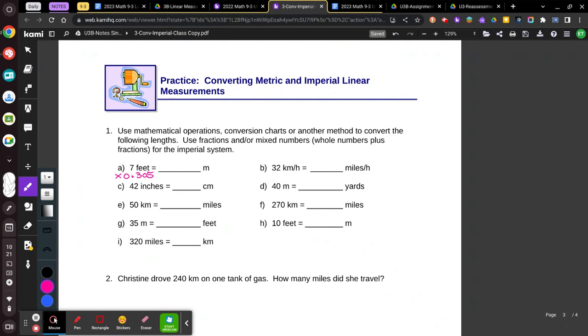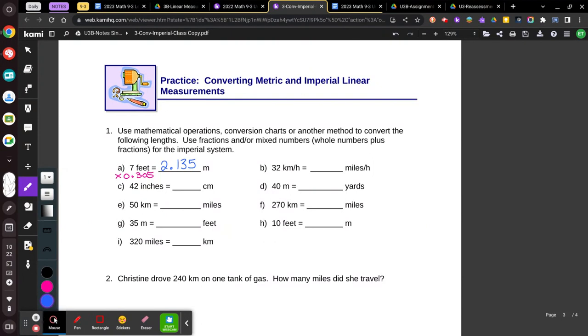Okay, so everybody grab your calculators. And we're going to multiply 7 times 0.305, 2.135. We're doing these together. Everybody write it down, please.